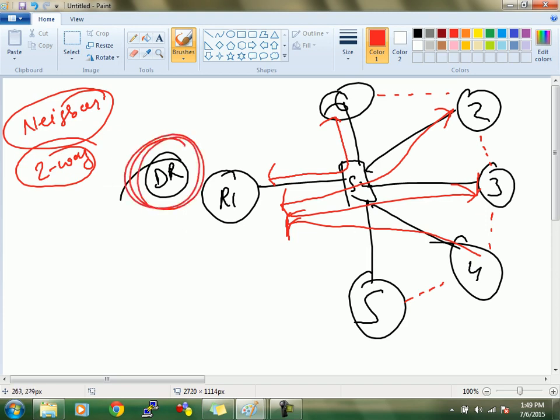Only DR. So I am the one who is generating type 2 LSA and giving it to all others. Second thing, every other router in the topology is forming adjacency only with me, so they will exchange database with me. I will pass it on to other non-DR members.